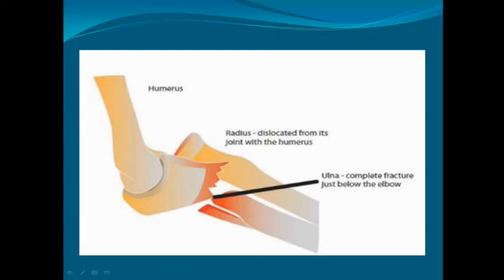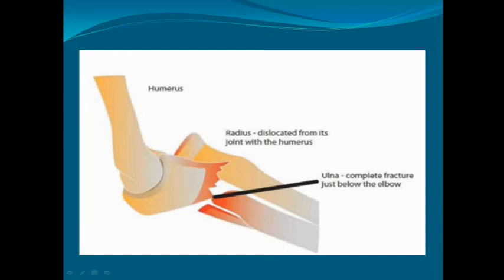In a normal forearm, if you draw a line through the longitudinal axis of the radius, okay, a straight line here, it will pass through the capitulum, it will bisect the capitulum. But as this is fractured and the head is dislocated from its position, if we draw a straight line here, it will go somewhere here.